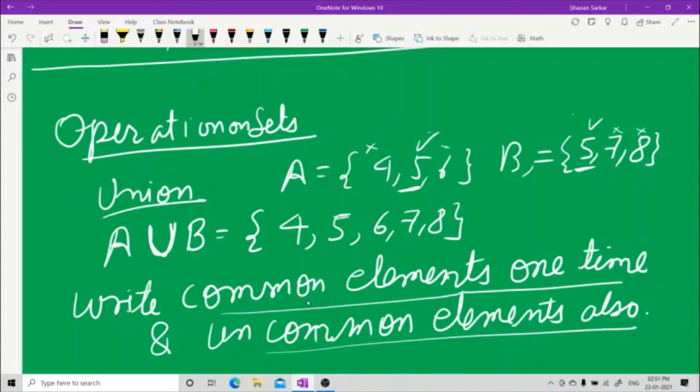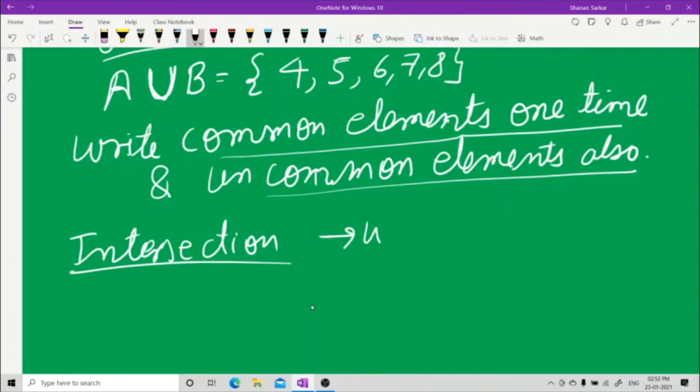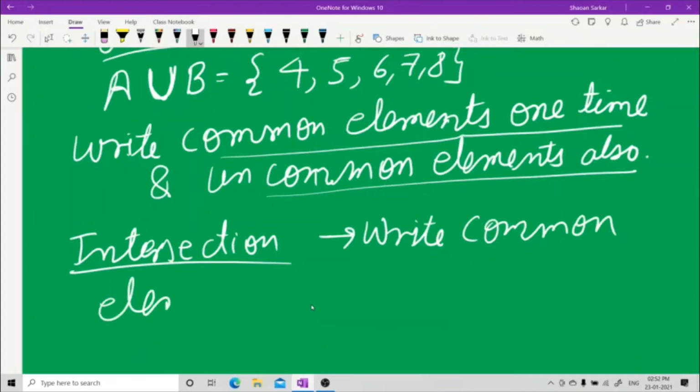This is union. Next, with the same example I'll do intersection. Write common elements only once.